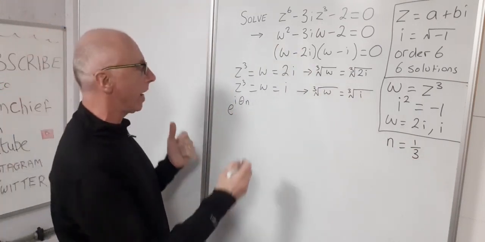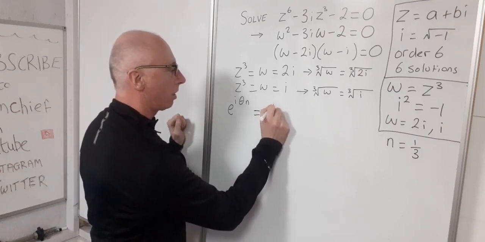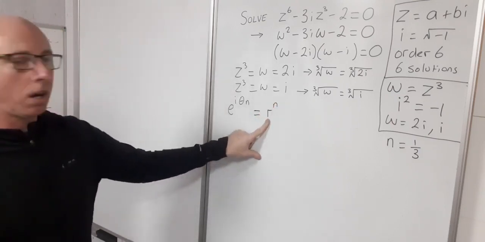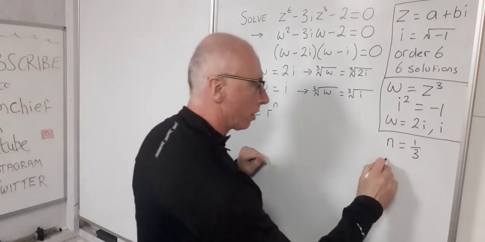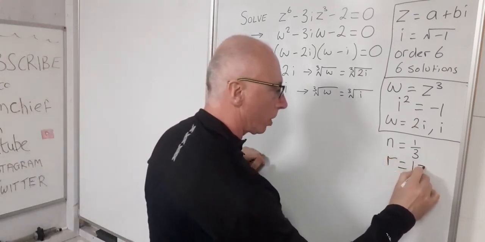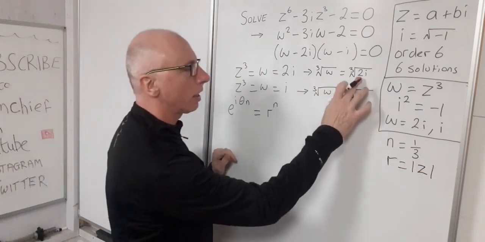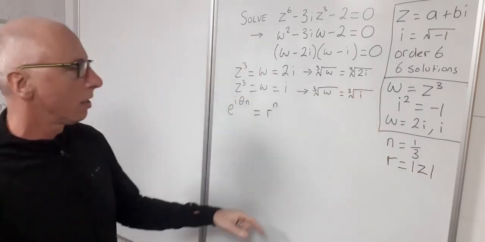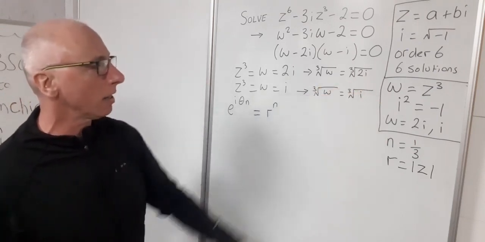Now, before we do that, there's another way of writing this, which is r to the n. Now, r is the modulus of the complex number. So r equals the modulus of z, which will be the complex number inside these radicals. So we'll have the modulus of i and the modulus of 2i in these two cases.